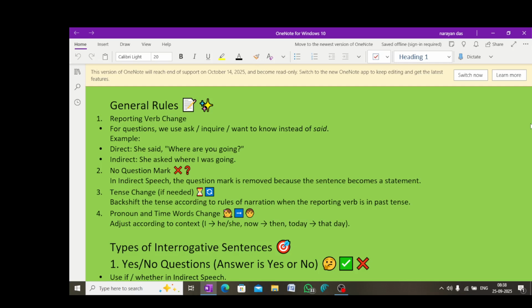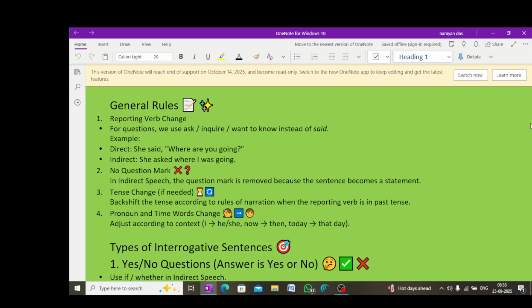So you see, in place of said, asked is used, the question word where remains the same, the tense is changed, and the whole sentence has become a statement. No question mark. After changing into indirect speech, the question mark is eliminated, only a full stop is used. In indirect speech, the question mark is removed because the sentence becomes a statement.